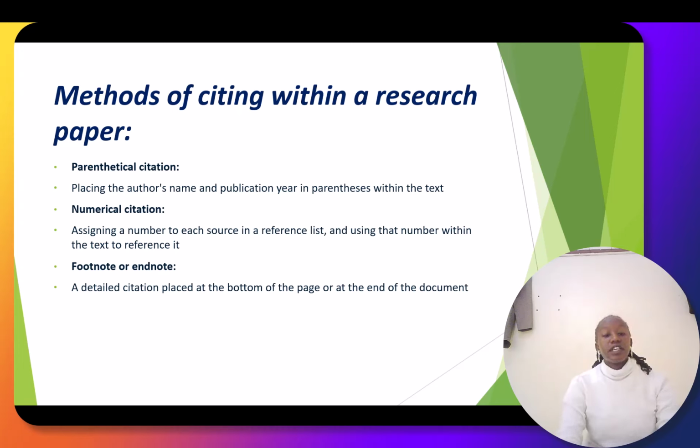Then numerical citation, assigning a number to each source in the reference list and using that number within the text to reference it. So you put numbers, and according to your reference list, you indicate a number. So in your text, you include a number, meaning that number stands for the reference you put down.